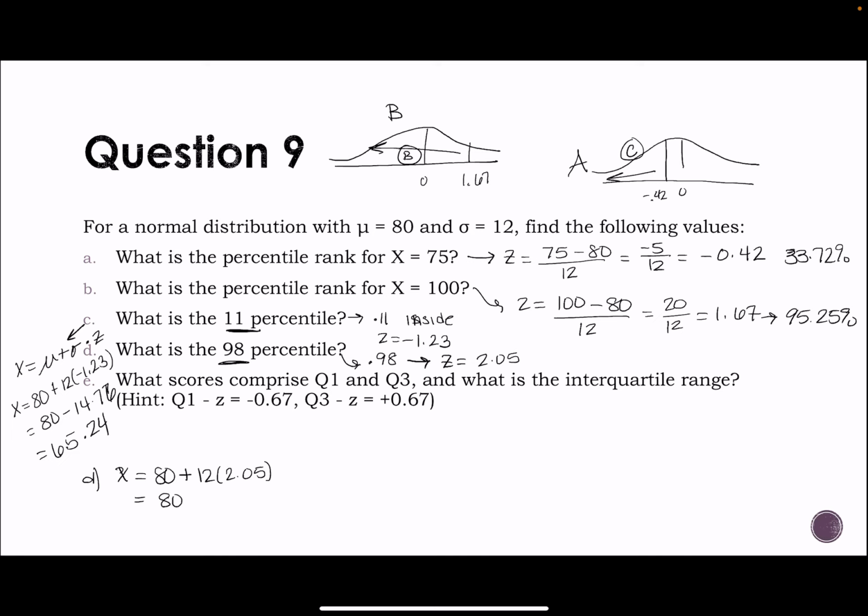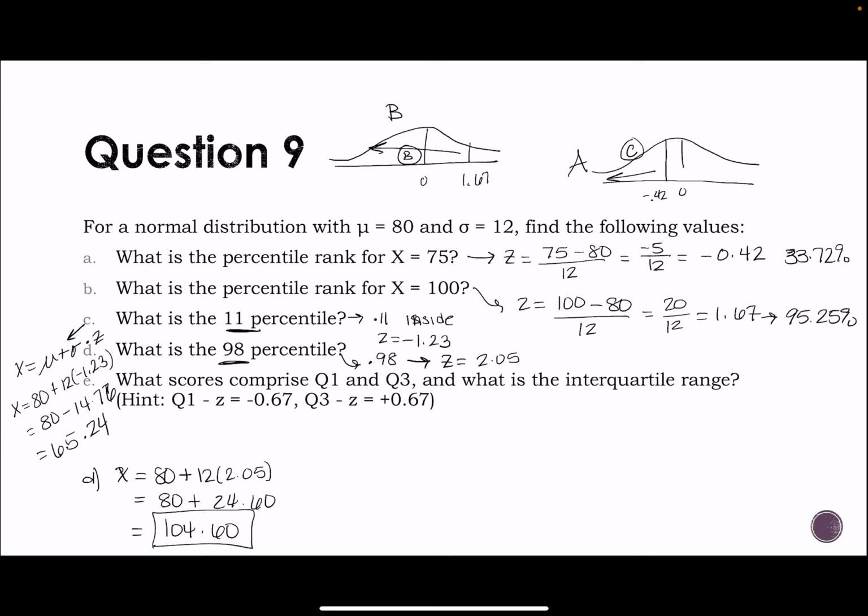So this is going to be 80 plus 24.60, which would end up being 104.60. So this would be my answer for D.